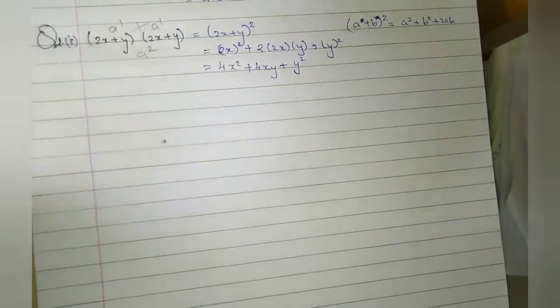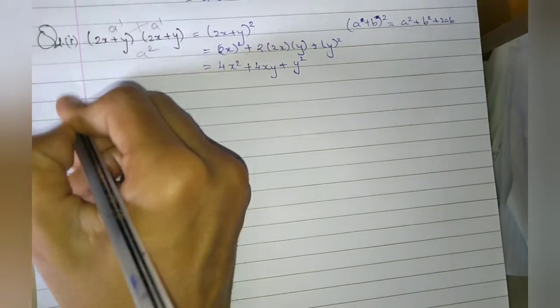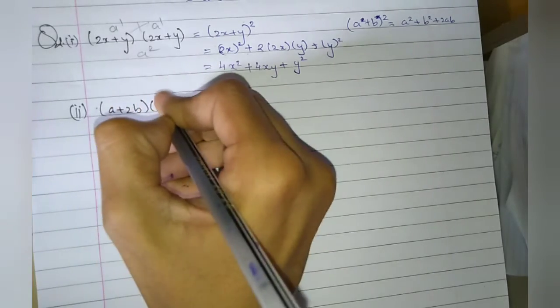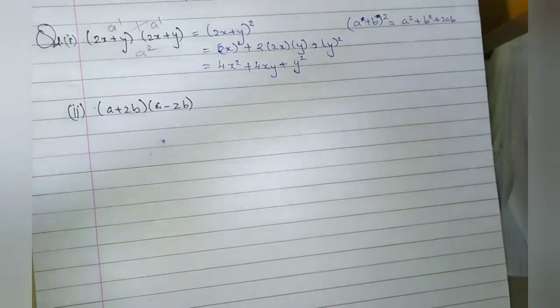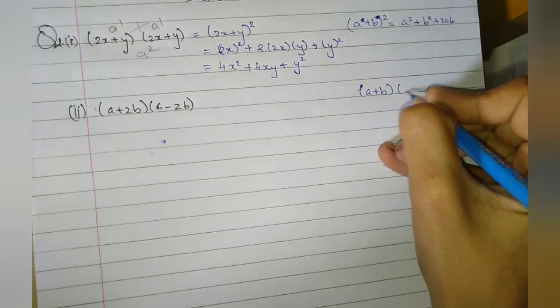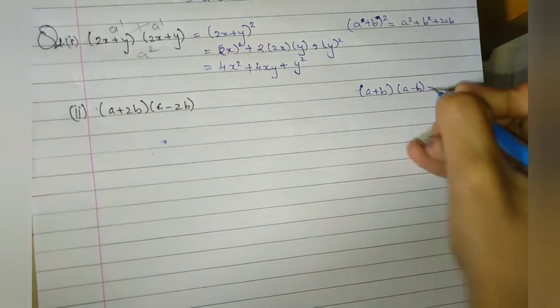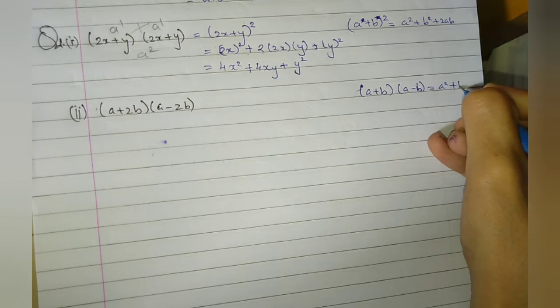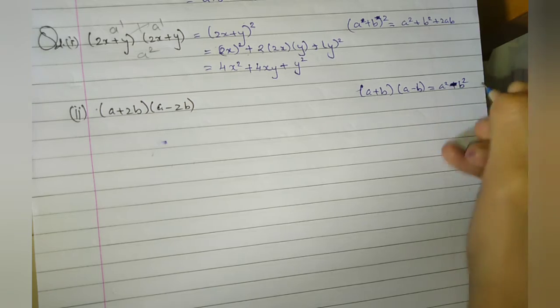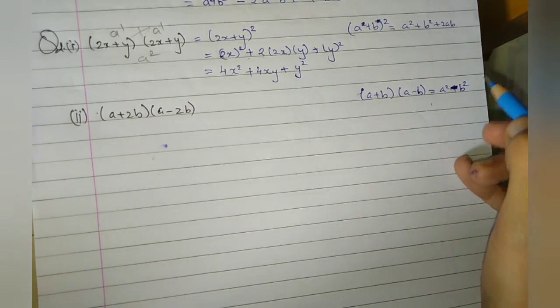Now second one, that is a plus 2b, a minus 2b. Now here which identity we have to use? a plus b into a minus b equal to a square minus b square. Okay, a square minus b square, that is the identity.